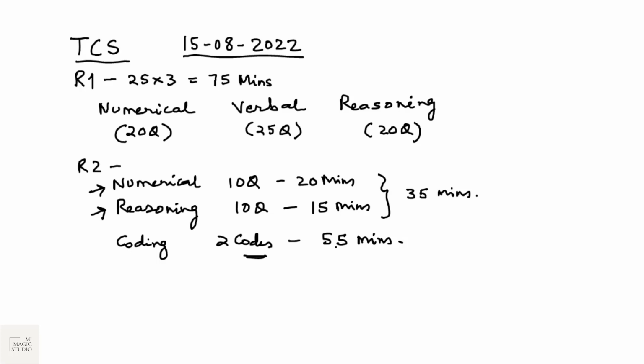On-screen calculator is there, no negative marks, revisiting not allowed. You can use the pad that is given on the screen, and the level of questions in advance would be a little bit higher than what they will give in round 1. So be prepared for it.